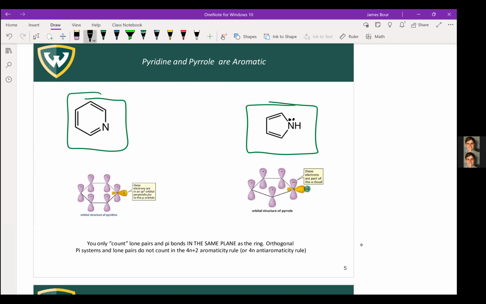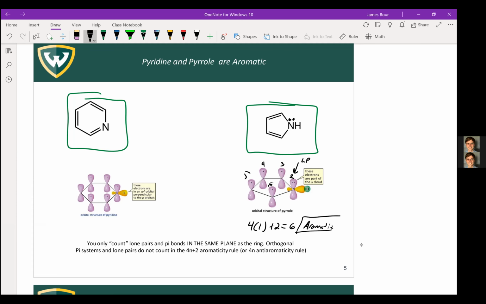This lowers its energy. We have an orbital diagram here. This is the lone pair. And if we add up the total number of electrons in the pi system, we have 2, 3, 4, 5, 6. 4 times 1 plus 2 equals 6. It's flat, planar, cyclic, and they're all in a consecutive fashion. It's aromatic.